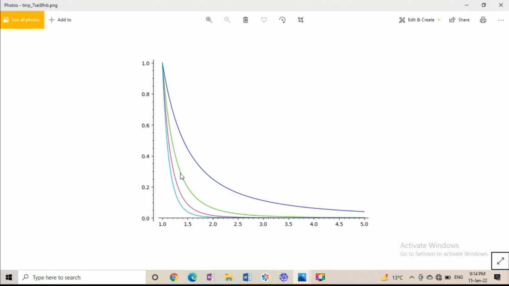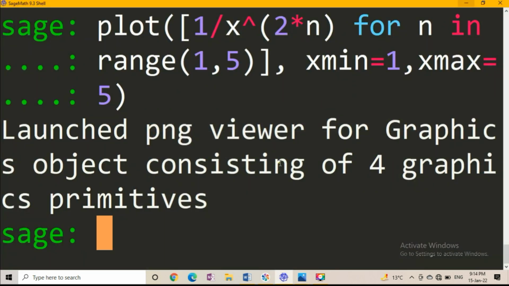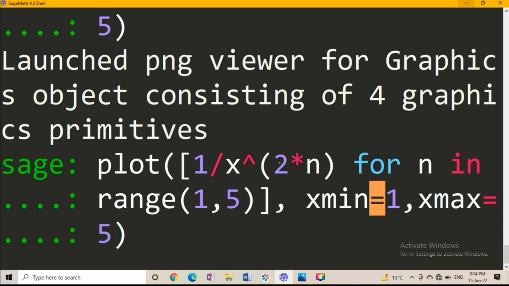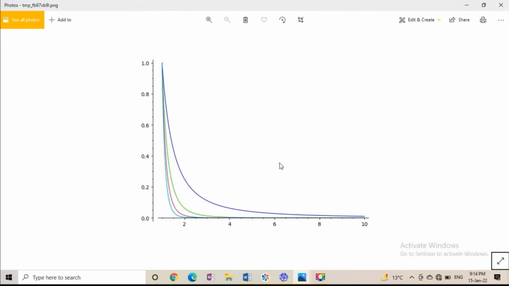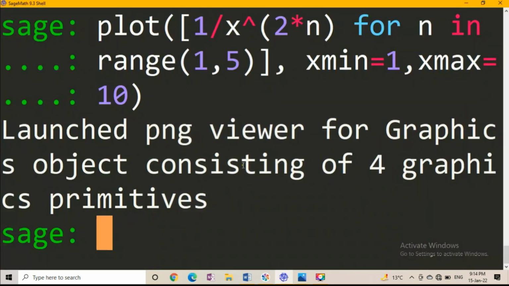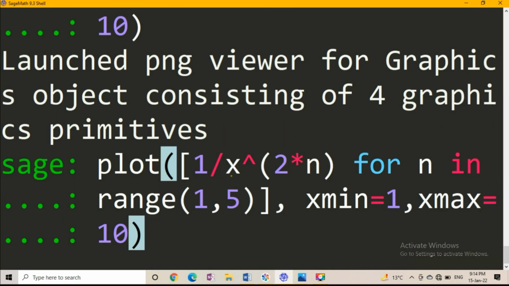Look at the graph, there are 4 graphs. Now we take the maximum value as 10. Look at this.